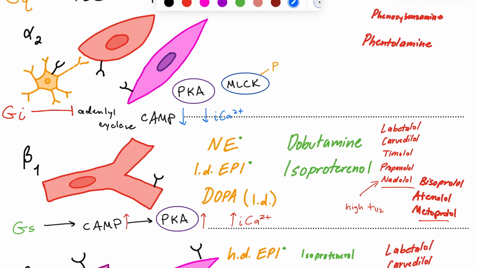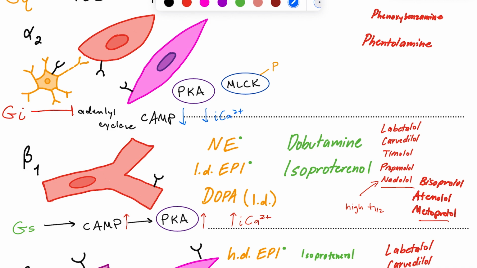So when the alpha 2 receptors are activated, you're going to get two different effects depending on the cell in which the signal transduction pathway is occurring. But generally, the upstream part of this signal transduction pathway is the same. So when you get activation through a ligand binding to the alpha 2 receptor, that is coupled to the inhibitory G protein coupled receptor.